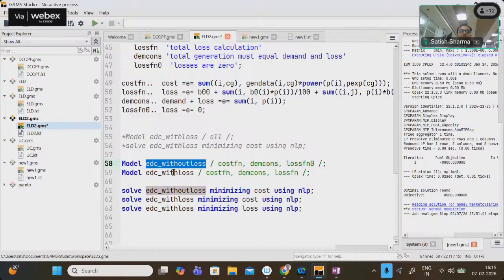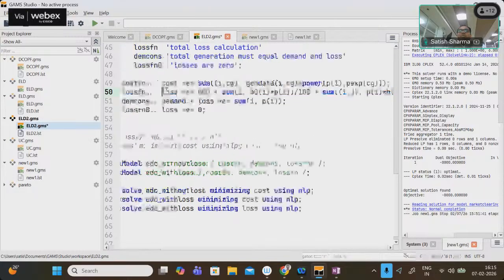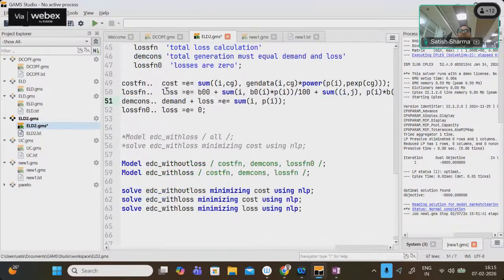Then if I have to define with losses, I will use the same constraint, and instead of loss function 0, I have defined some loss function. So losses, which is also a variable, is given by this particular equation, and that will be used in the demand constraint. So I have defined all three.